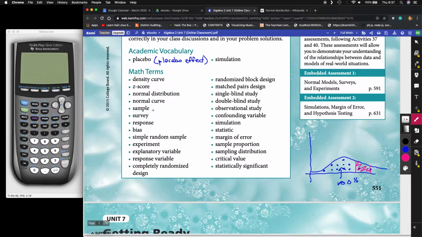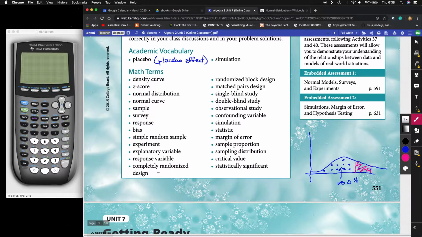Let's see. So we have sample surveys, responses, different ways of collecting data. There's a lot of different ways and methods or modes or whatever you want to call them of collecting data. For example, experiments. Within that data, we need to know what's the explanatory variable or response variable.